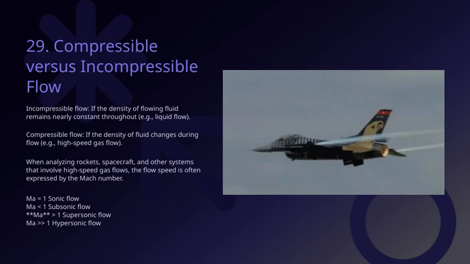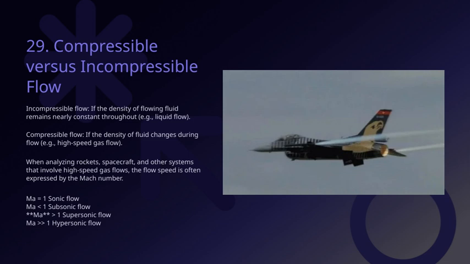And if Ma is much greater than 1, say Ma >> 1, we're in the hypersonic flow regime, which involves extremely high speeds. Now, when analyzing systems like rockets or spacecraft that involve high-speed gases, expressing the flow speed through the Mach number helps us understand and predict the behavior of the flow.